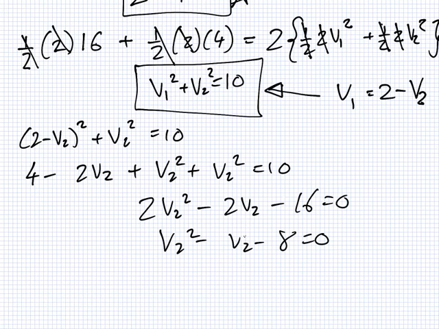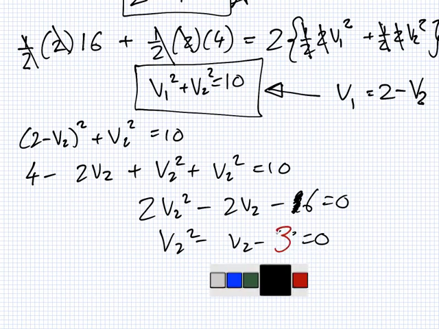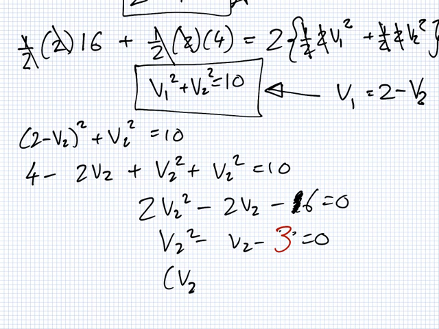Oh, it's not minus 16, I'm sorry. It's 6, isn't it? So this should be a 3. Okay, so 3 and 1? 3 and 1. V2 minus 3 and V2 plus 1 equals what?